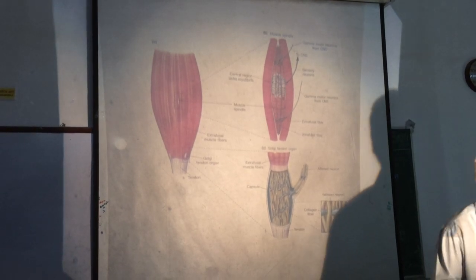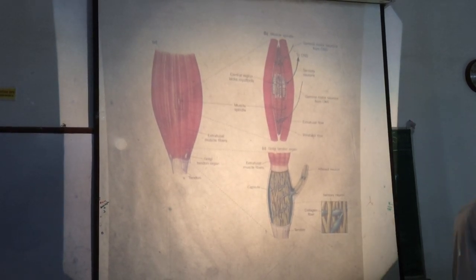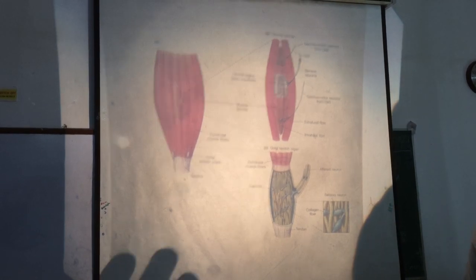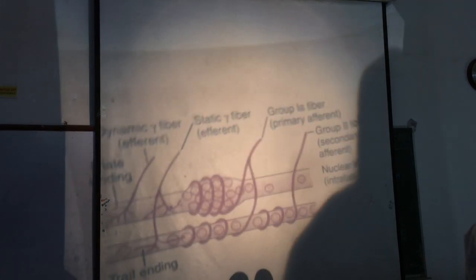There are two types of intrafusal fibers: nuclear bag fibers and nuclear chain fibers.